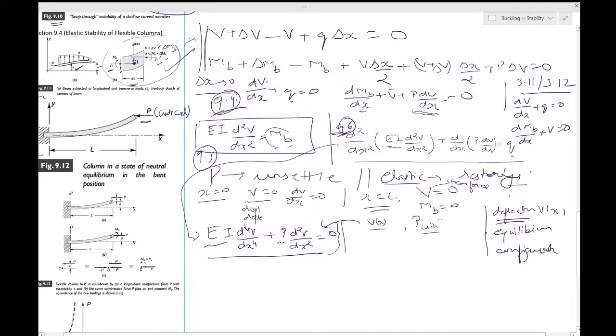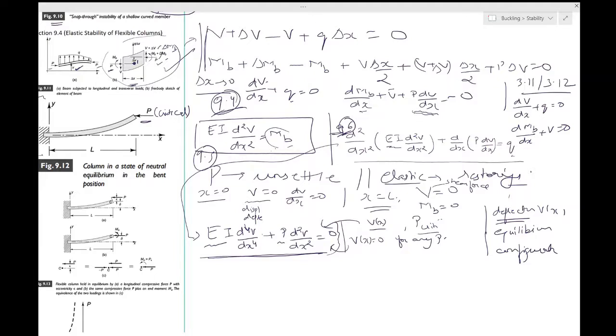So it is interesting to note that v of x equal to 0 satisfies these for any value of P. Okay, you can look at this equation and you will notice that v of x equal to 0 will satisfy the equation for any P. This means simply that the straight position of the column is always a possible equilibrium solution. We knew this physically.